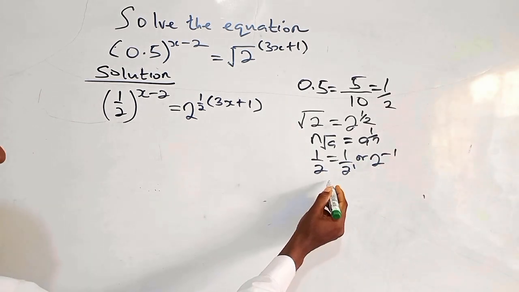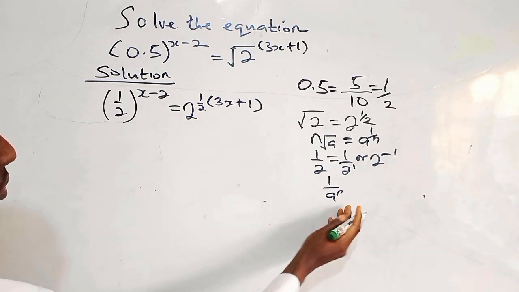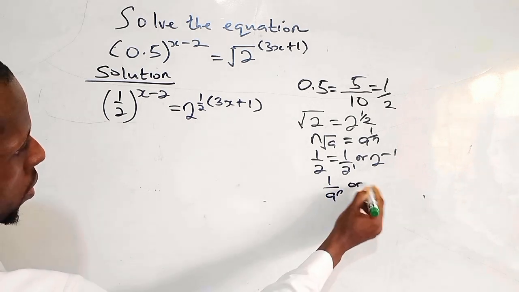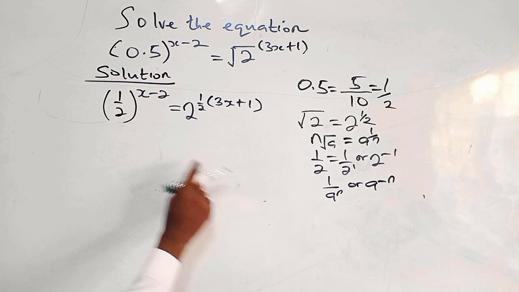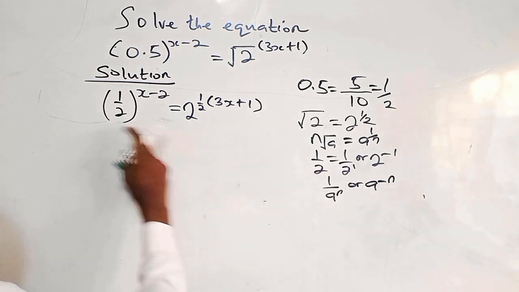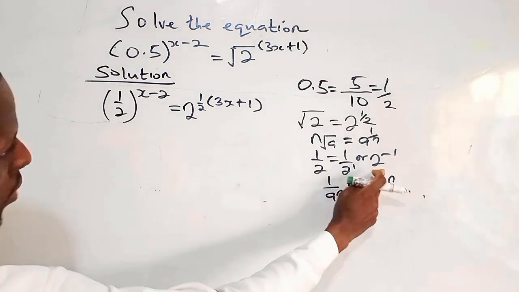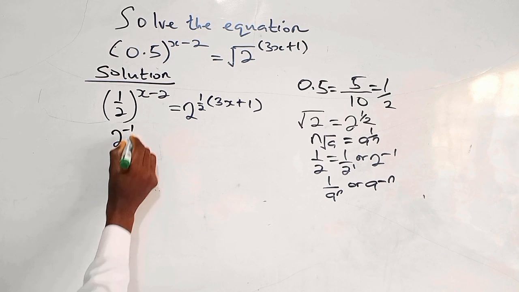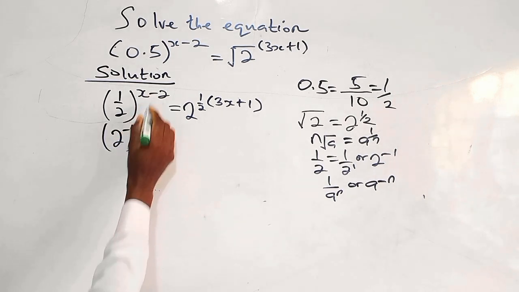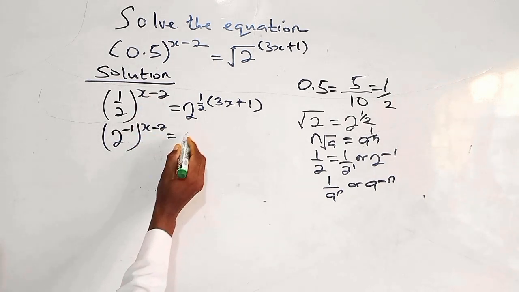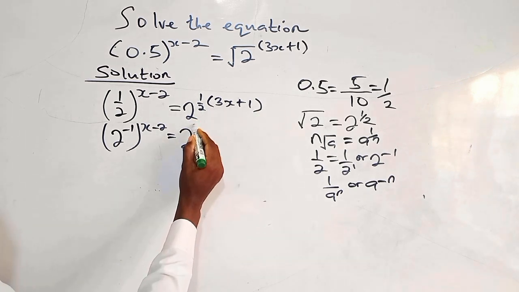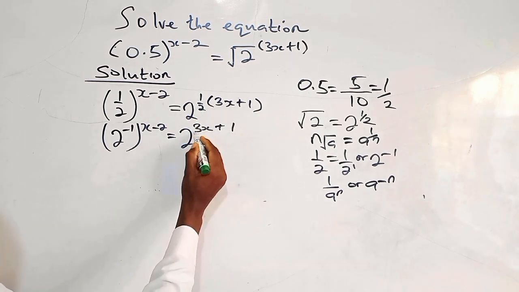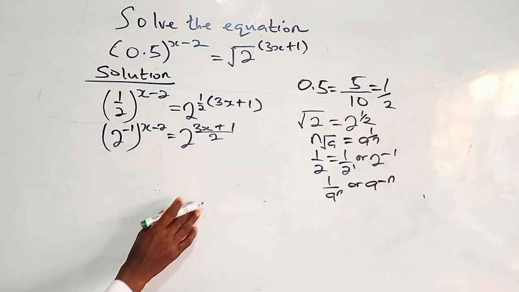Law of indices, when you have something like this, it's just like saying a raised to power minus n. So when you apply this, for 1 over 2, I can write it as 2 raised to power minus 1. We have x minus 2 equals, I have here my 2, when you multiply 1 with this, you have 3x plus 1 over 2.